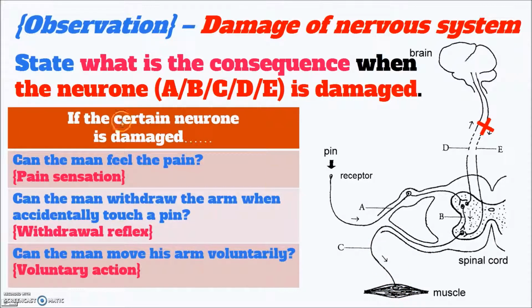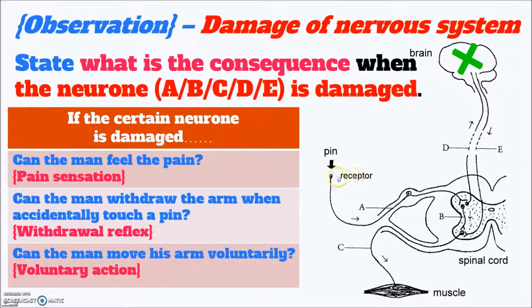So for this part, neurons A, B, C, D, E can possibly be damaged. Apart from them, of course, the receptor or the effector or even the brain can be damaged as well. But in this part, I would like to focus on the case of the neurons, because damage of the receptor or the effector are simple cases.